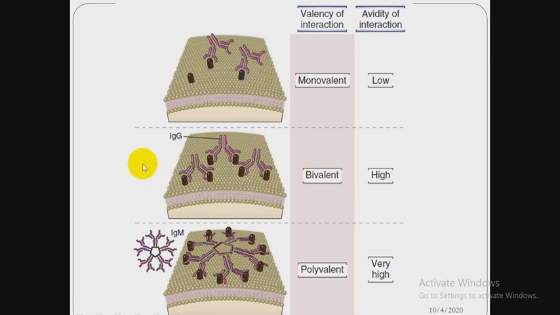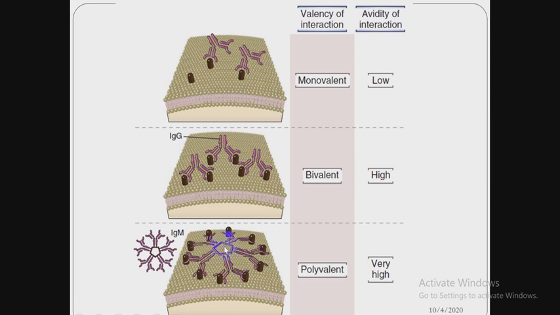But in the second row, you see that the epitopes are nearer to each other, and you see that IgG can use both of its antigen binding sites. So we have a bivalent interaction, and the avidity of the interaction increases.